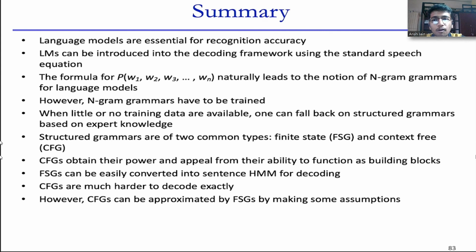The formula for the probability P is a buildup of all the different probabilities W1, W2 up to Wn, which naturally leads to the notion of n-gram grammars for language models. However, n-gram grammars have to be trained, and little or no training data may be available. One can also fall back on structured grammar based on expert knowledge. Structured grammars are of two common types, as we have seen: finite state grammar and context-free grammar.